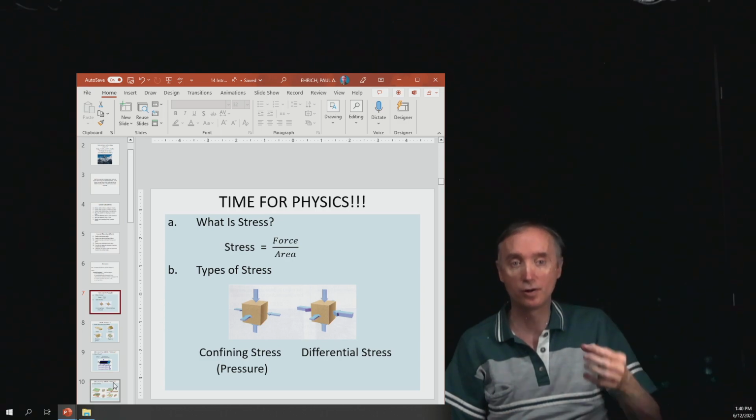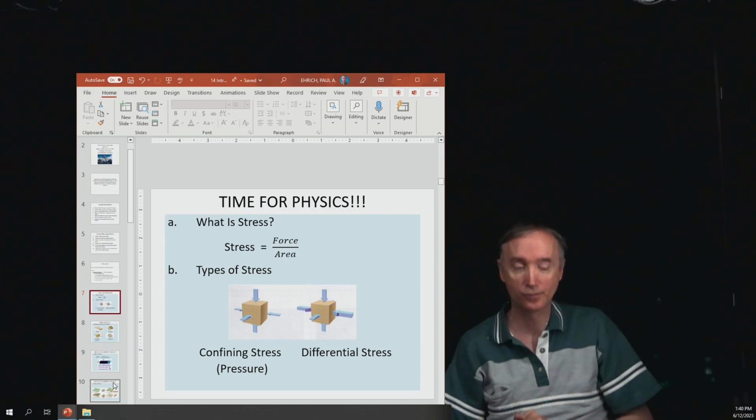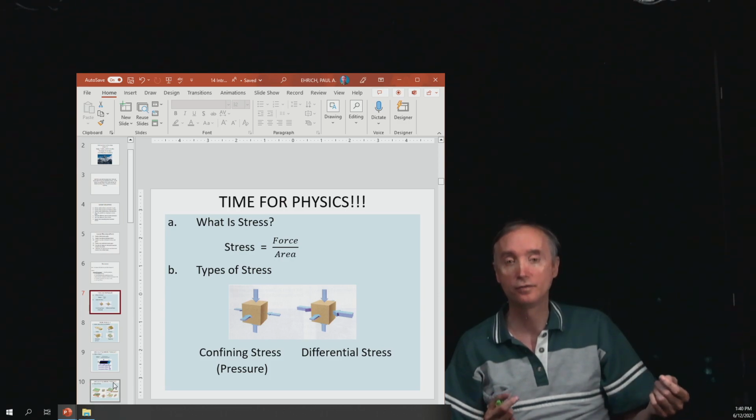So the deeper a rock is under the ground, the greater the pressure acting on it. Now if, however, the forces are different from a certain direction, then it's a differential stress. So there is going to be a net force coming from a certain direction.